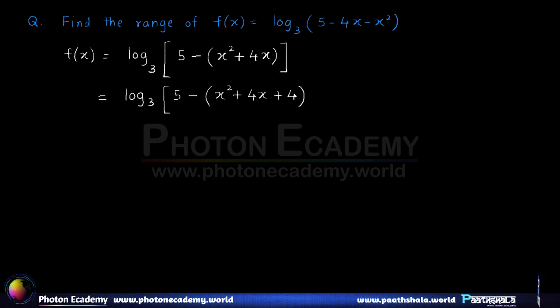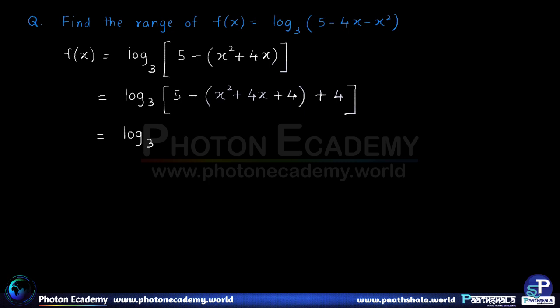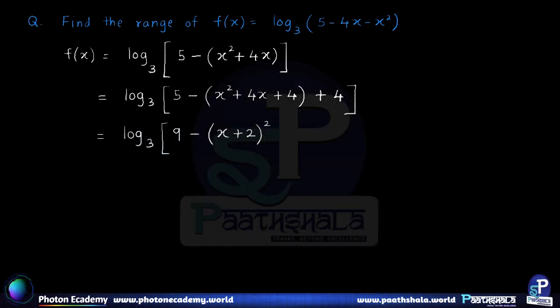If we add 4 inside the bracket, then we also have to add 4 outside the bracket. So that gives us plus 4 outside. So further we have log to the base 3 of 5 plus 4, which is 9, right? So here we have, now we can write it as a square, 9 minus x plus 2 the whole square, to the base 3.